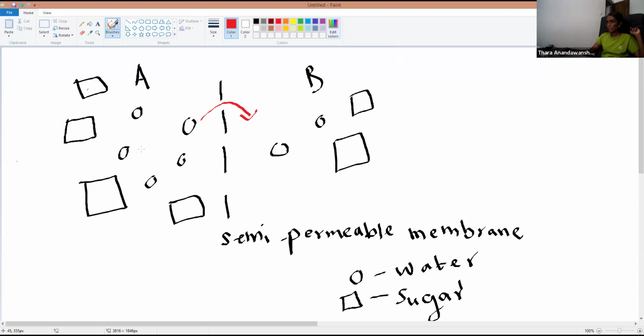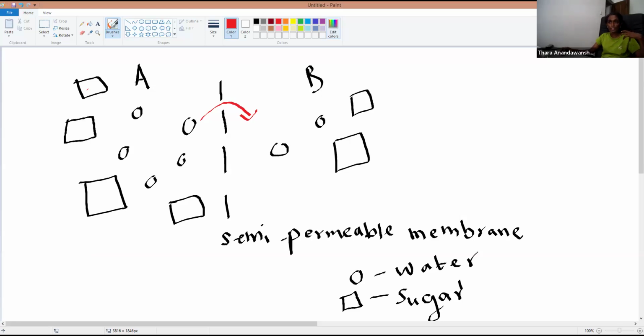It is true, right? If more solutes are dissolved in a particular solution, that means there is less water. This diagram doesn't explain that much, but if the sugar concentration is high in one solution compared to another which has a low amount of sugar and more water, the first solution has high solute potential and the second has low solute potential.